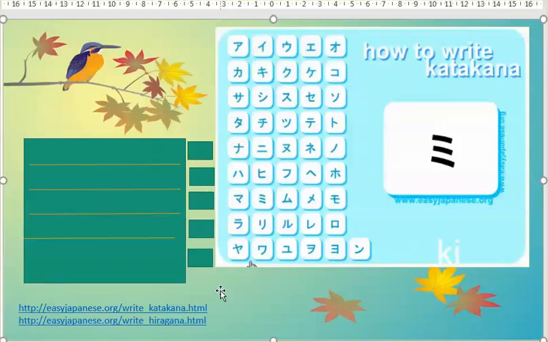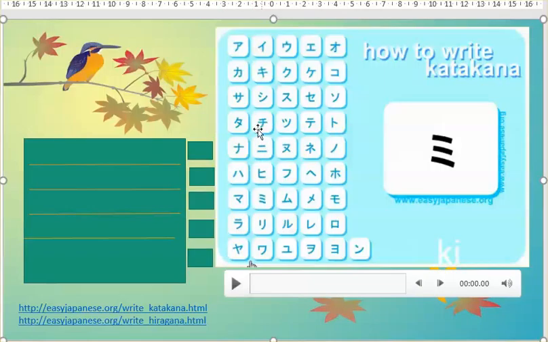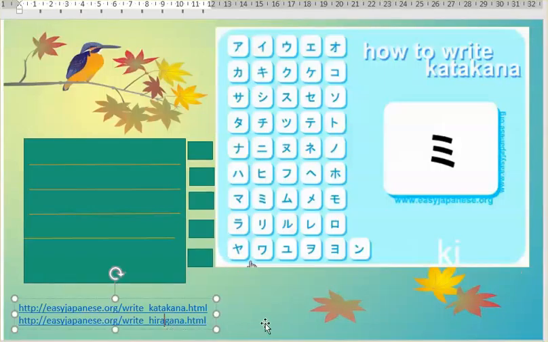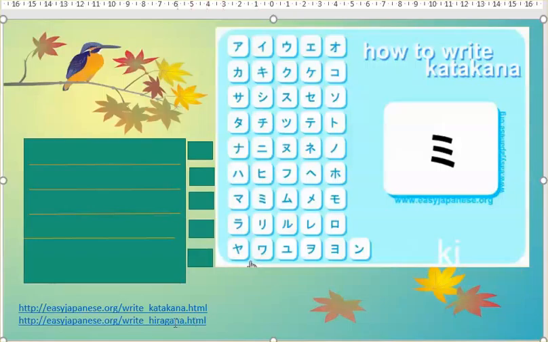of learning. Right, so there's a little game which is badly designed, and here's the link to it. I don't know why I have it twice, but they're two different games. One is hiragana, one is katakana.